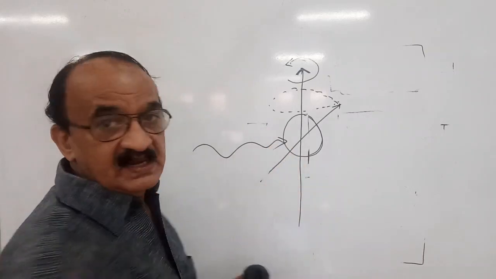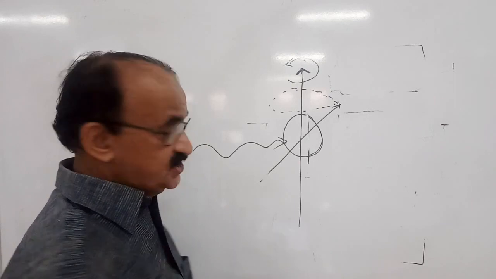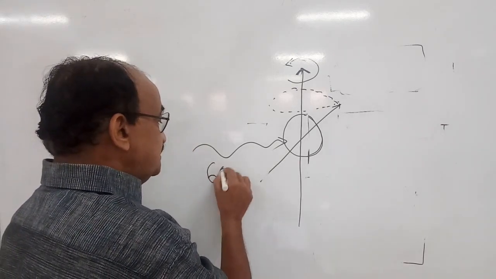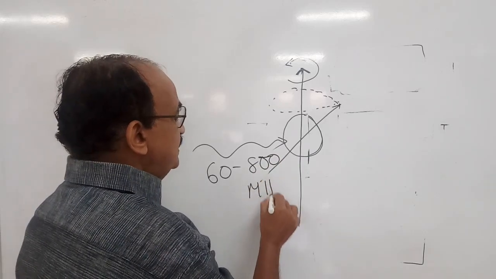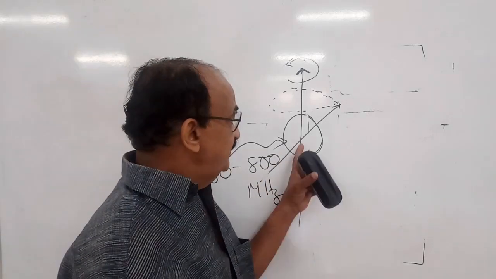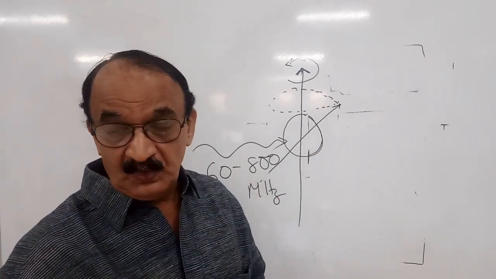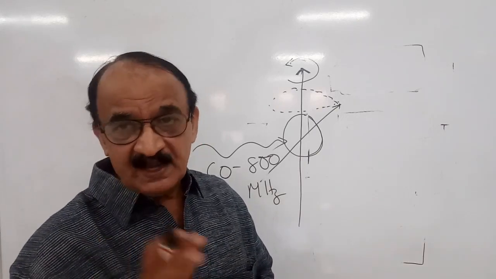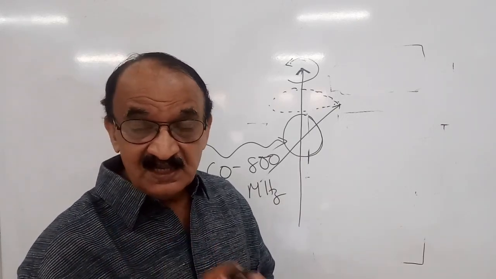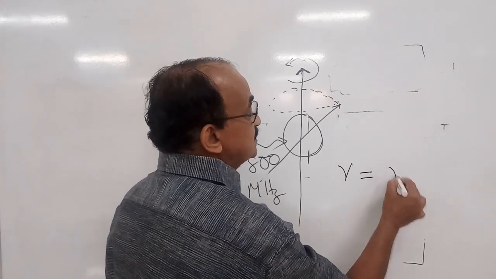When we give electromagnetic radiation ranging between 60 to 800 megahertz, the radiation will be absorbed by the proton. And in order to absorb the radiation, there should be a condition. What is the condition? The condition is that two frequencies should balance each other.